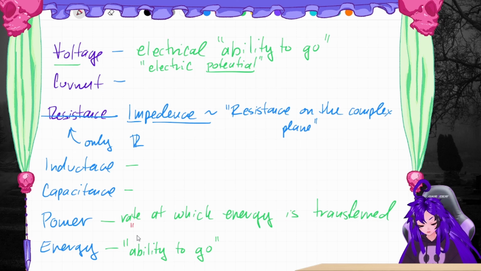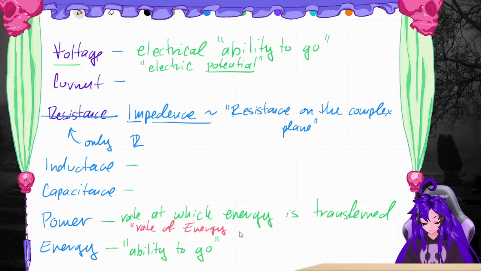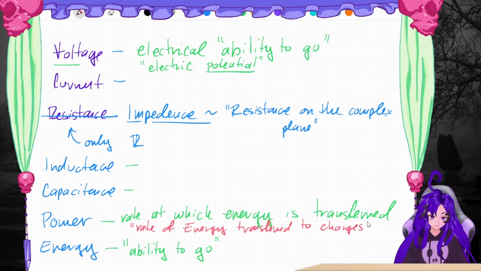So we can call this the rate of energy, and remember we said that voltage is our energy, transferred to charges. And then it can also be from charges to whatever the end result is, whatever you want the output to be.